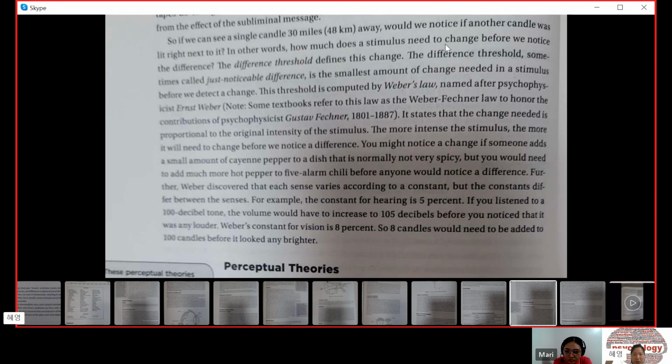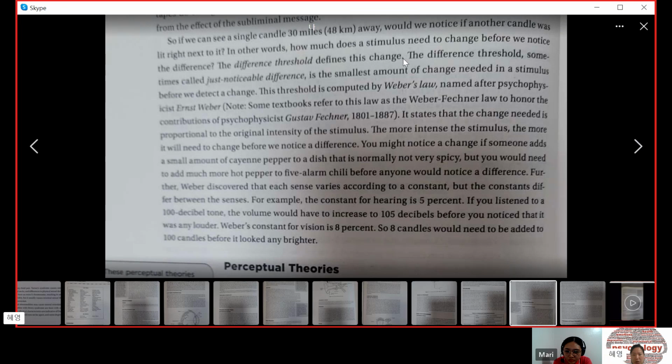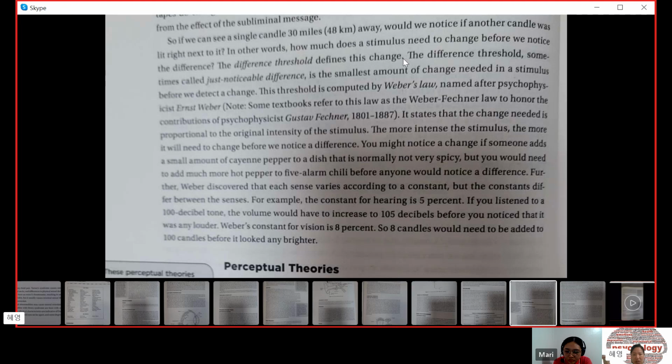The difference threshold defines the change. The difference threshold, sometimes called just noticeable difference, is the smallest amount of change needed in a stimulus before we detect a change.